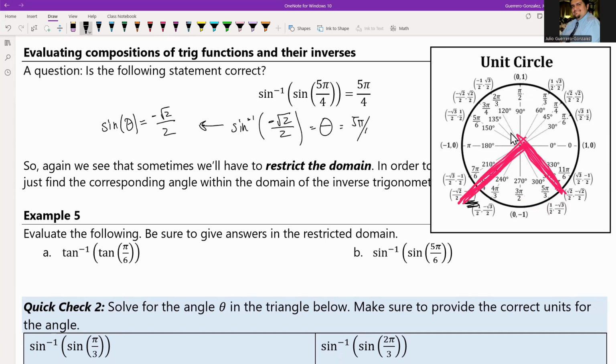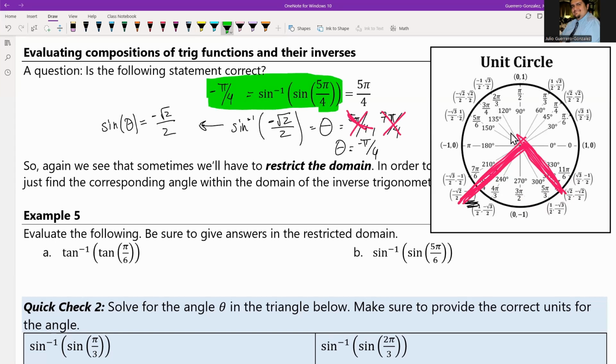Both of these can't be the answers, because 5 pi over 4 is clearly not in the range, and 7 pi over 4 isn't either, but it's coterminal. So we get theta is equal to negative pi over 4. This expression is actually equal to negative pi over 4. This is the actual answer.